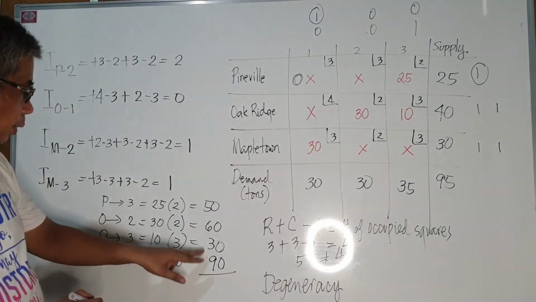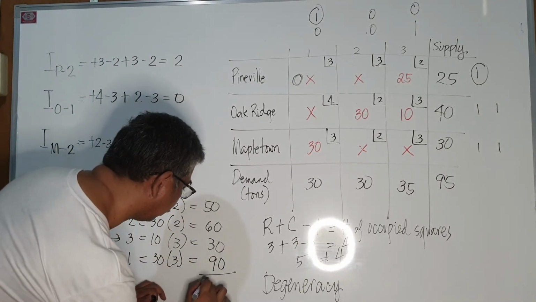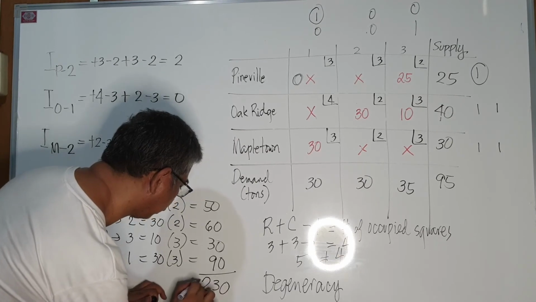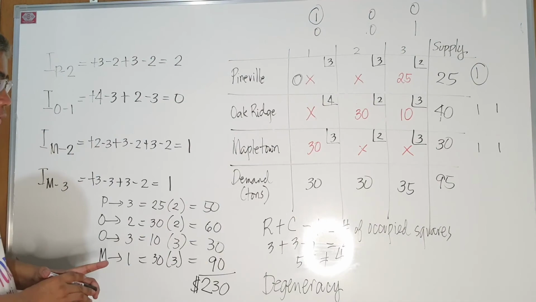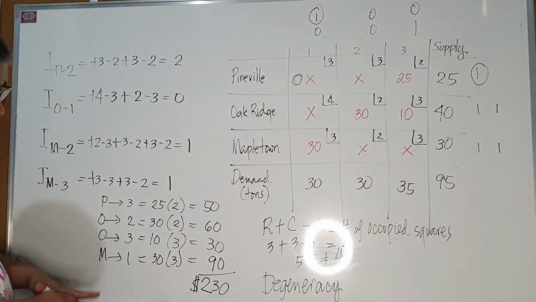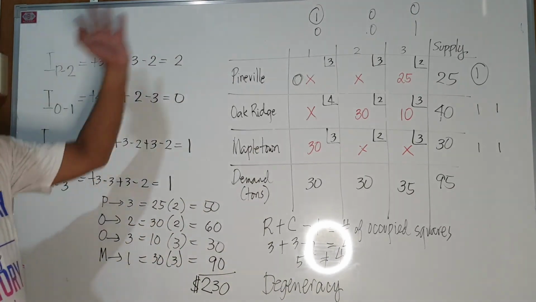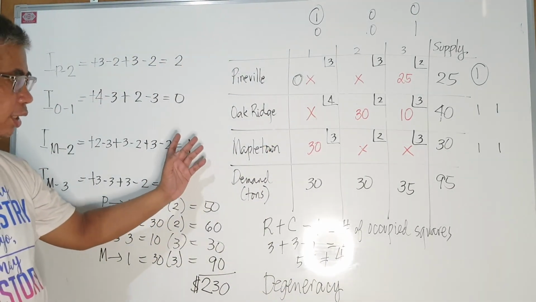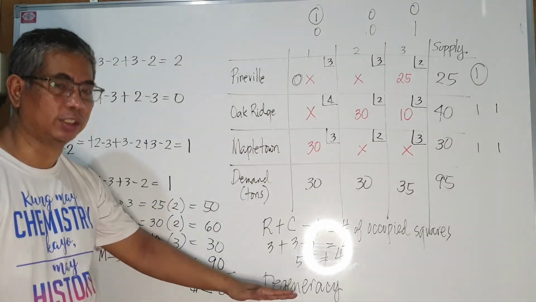So 90 plus 60, 150 plus 50, 230. So that's our solution. So we were able to arrive at an optimal solution with just one attempt, although it is what we call a degenerate solution. Okay?